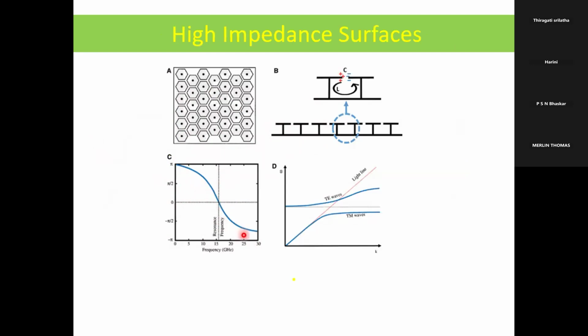In between, we classify it as an AMC. Even these mushroom-like structures have a capacitance effect and inductance. This is the inductance and this is the capacitance. Its behavior will be more visible at the resonant frequency. So we can again control the frequencies over which you are going to have the 0 reflection.